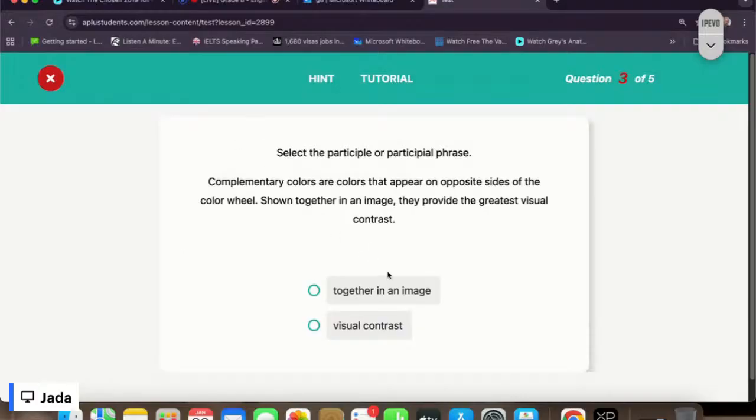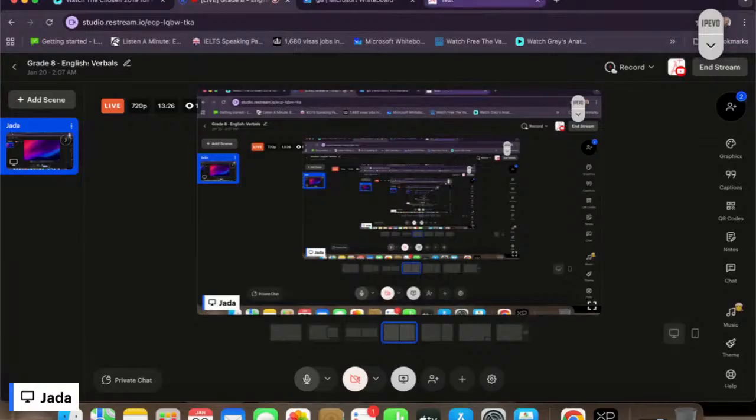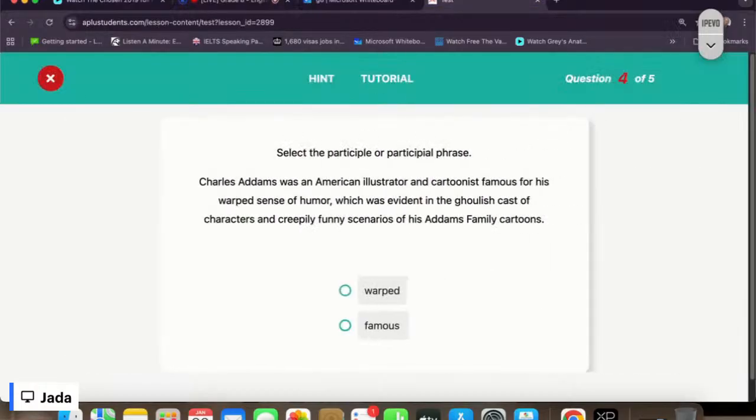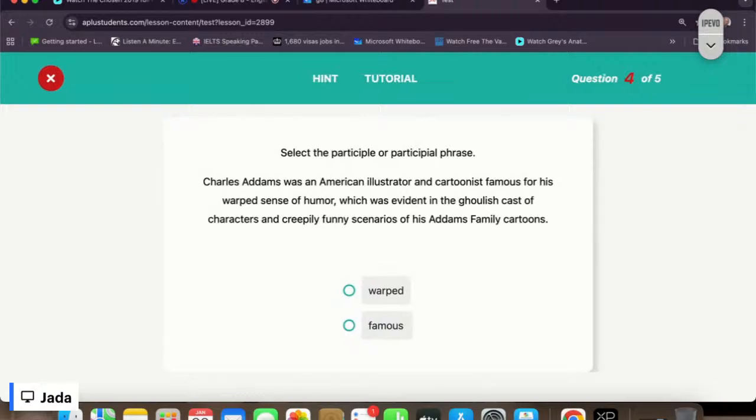Okay, so we have shown together in an image. All right. Okay, so Charles Addams was an American illustrator and cartoonist famous for his warped sense of humor, which was evident in the ghoulish cast of characters and creepily funny scenarios of the Addams Family cartoons. First or second?